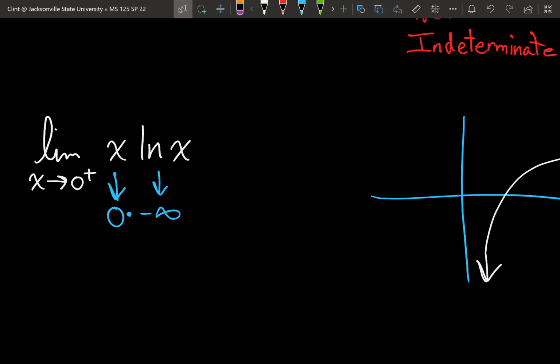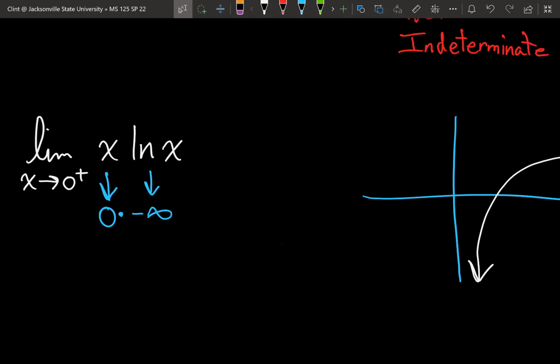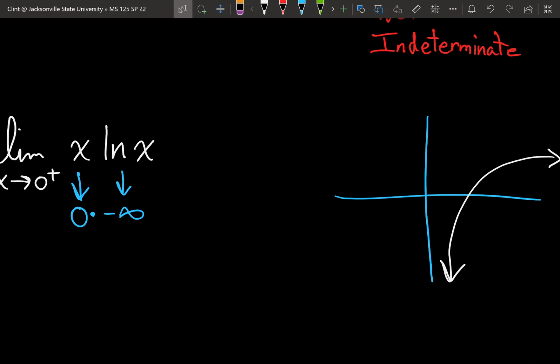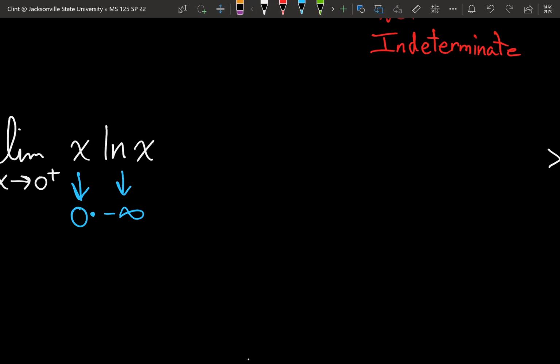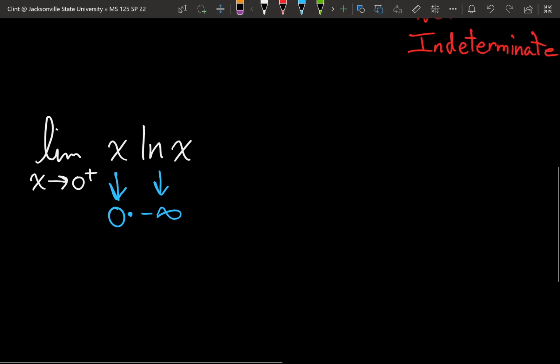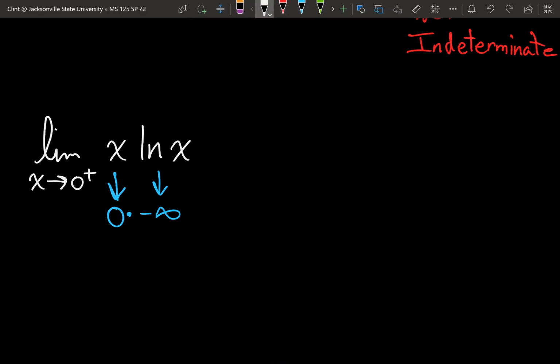Okay. So we want to rewrite this in a way that we can use L'Hopital's rule. You can move either one to the bottom, but one choice is less messy than the other.